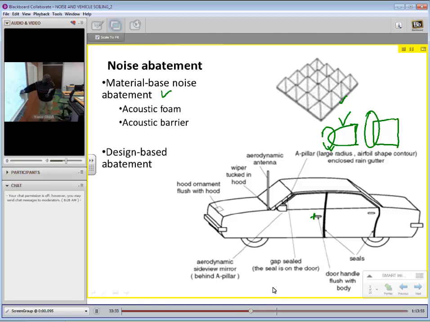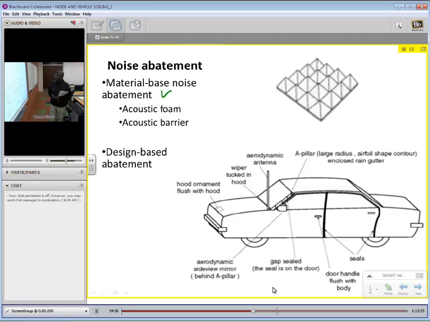It doesn't have to be flush with the body, but it should continue an aerodynamic profile as the flow goes along there. So that's the main thing in the design. And again, put seals in the places where there's likely to be gaps, and of course use quality seals so that there is endurance in the material that's used.